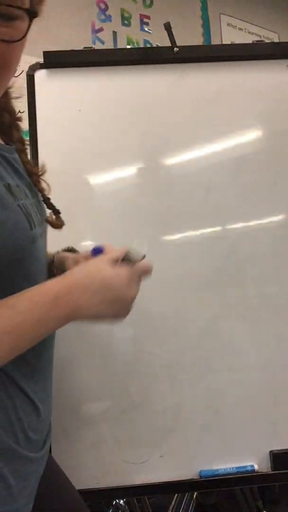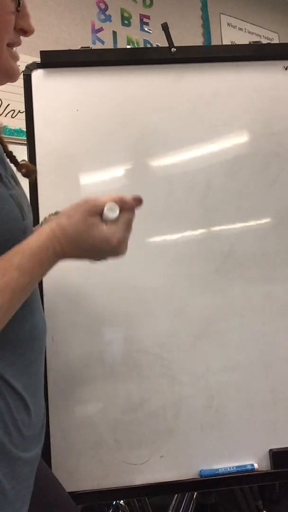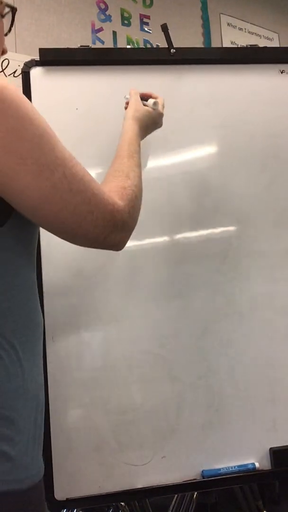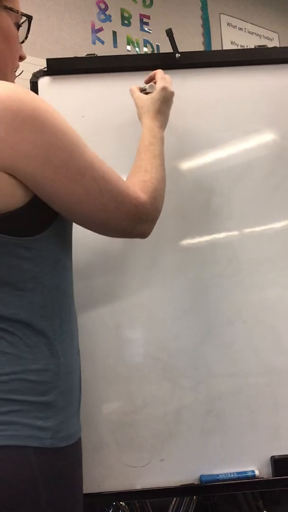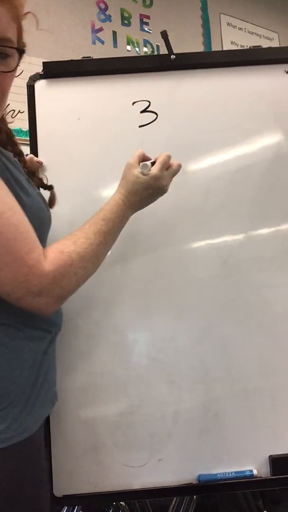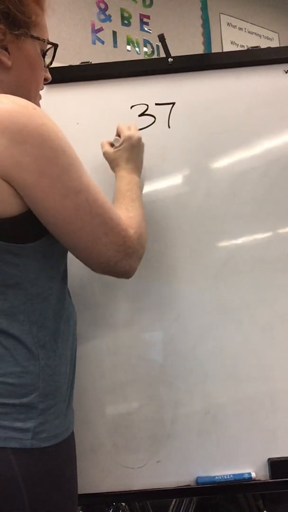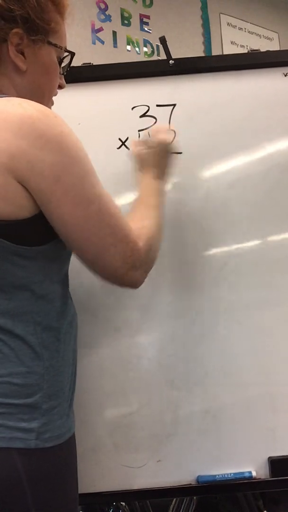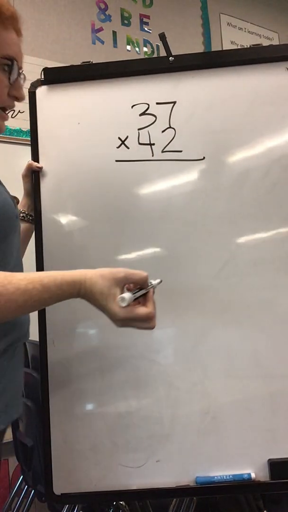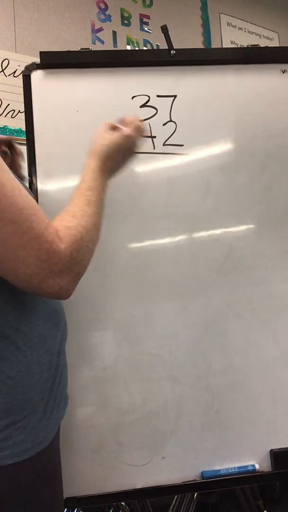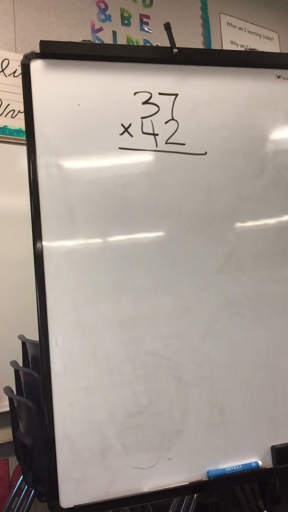So, all right, let's do 37 times 42. Actually, I'm going to do this right in the middle of the board. I don't know why I've been so far to the edge. 37 times 42. I think I'm going to go with this bright red.